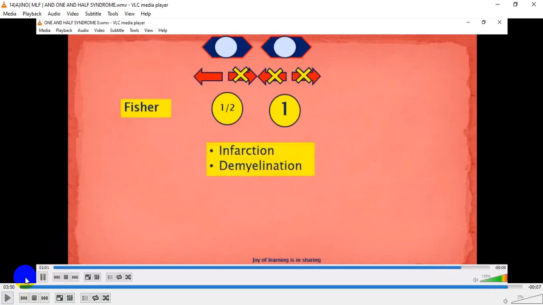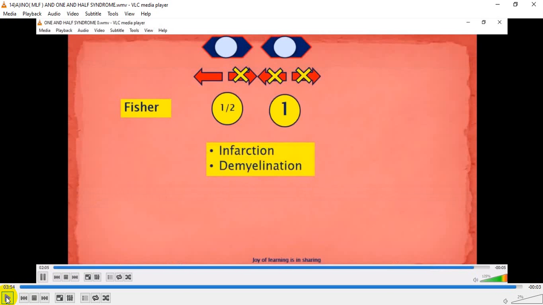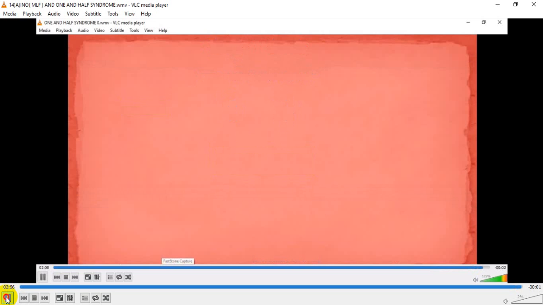Demyelination, classical example, multiple sclerosis. And when this is involved along with a 7th cranial nerve palsy, then we call that 8.5, 1.5 plus 7.